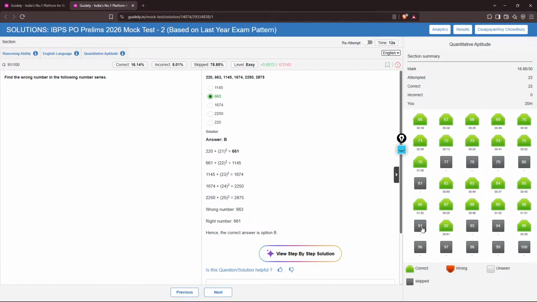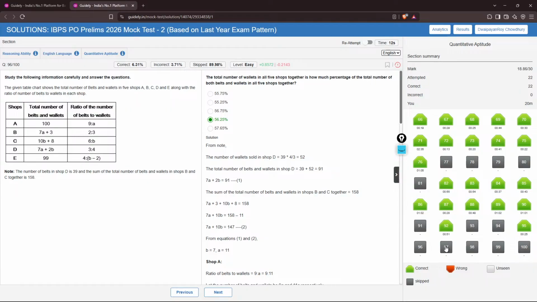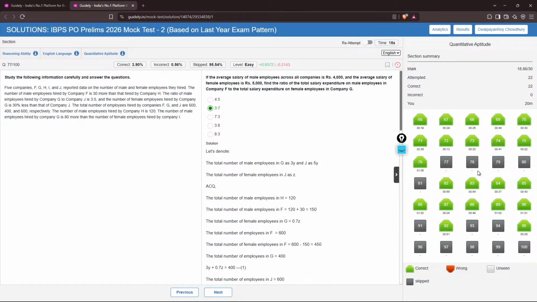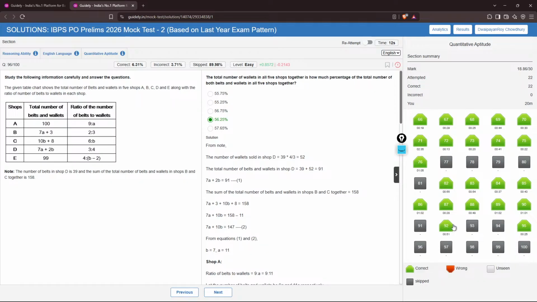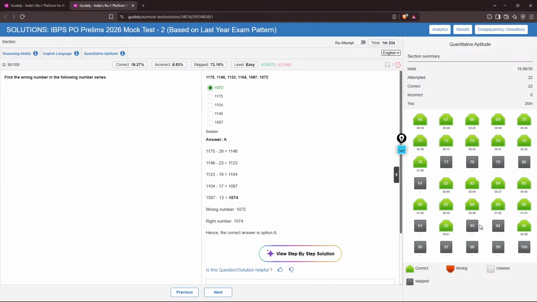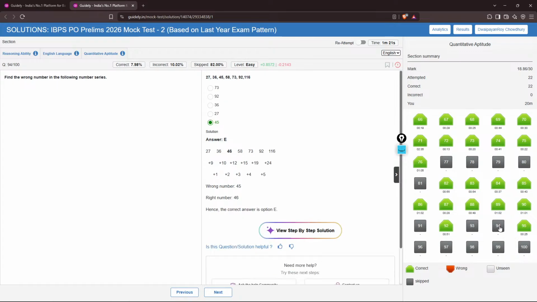Then this one was, okay, they were squared, so I had to calculate all of them. Those are very big gaps. So this was a DI, full-fledged DI. Again, full-fledged DI. Very few attempts. Definitely a good choice to skip them. But this one was doable.